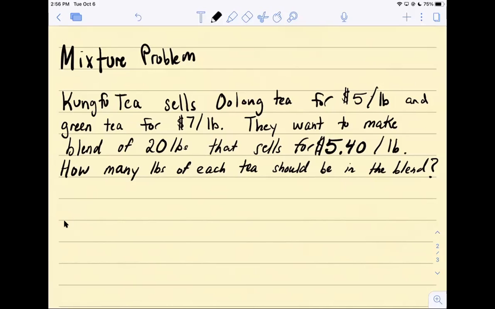So Anaya wrote to me that she set up x is equal to the number of pounds, or quantity, of oolong tea.